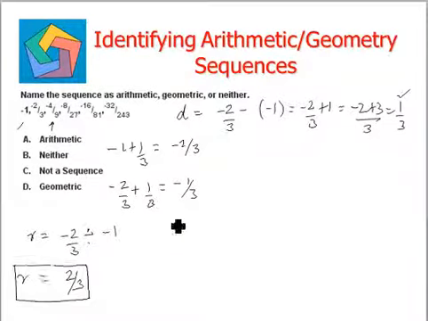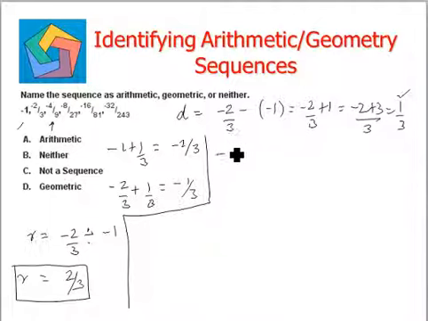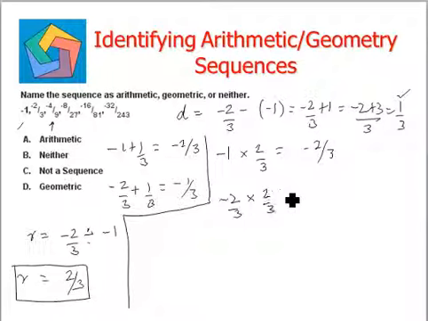Now we'll multiply each term with the common ratio to find out the next term. So negative 1 multiplied with 2 thirds gives us negative 2 thirds. This is okay. Negative 2 thirds multiplied with 2 thirds is negative 4 ninths. This is also tallying.